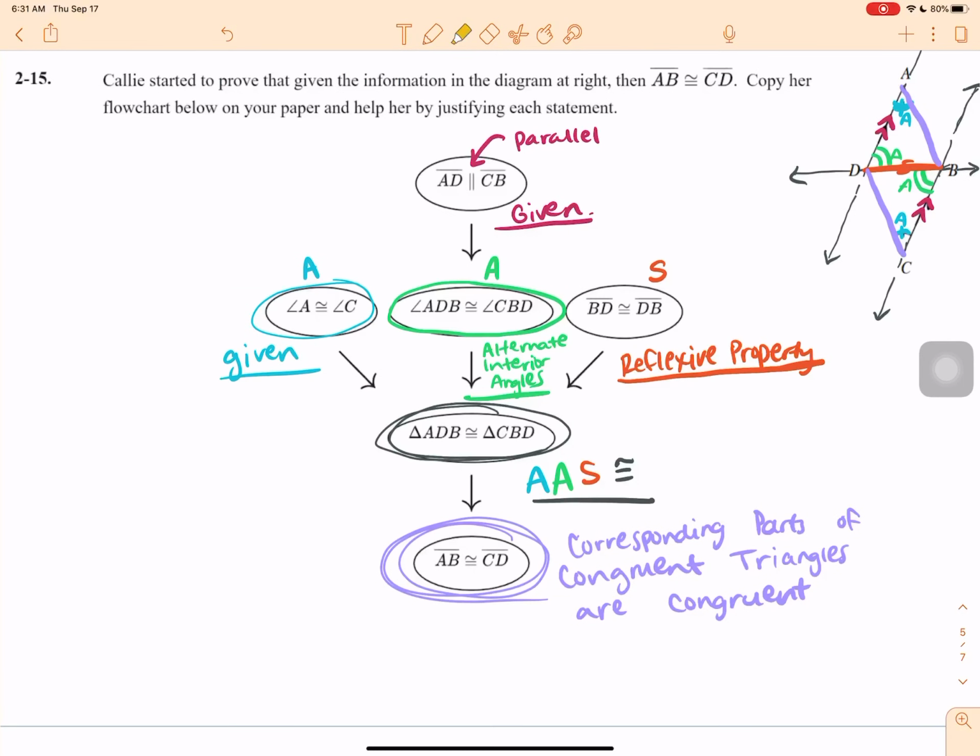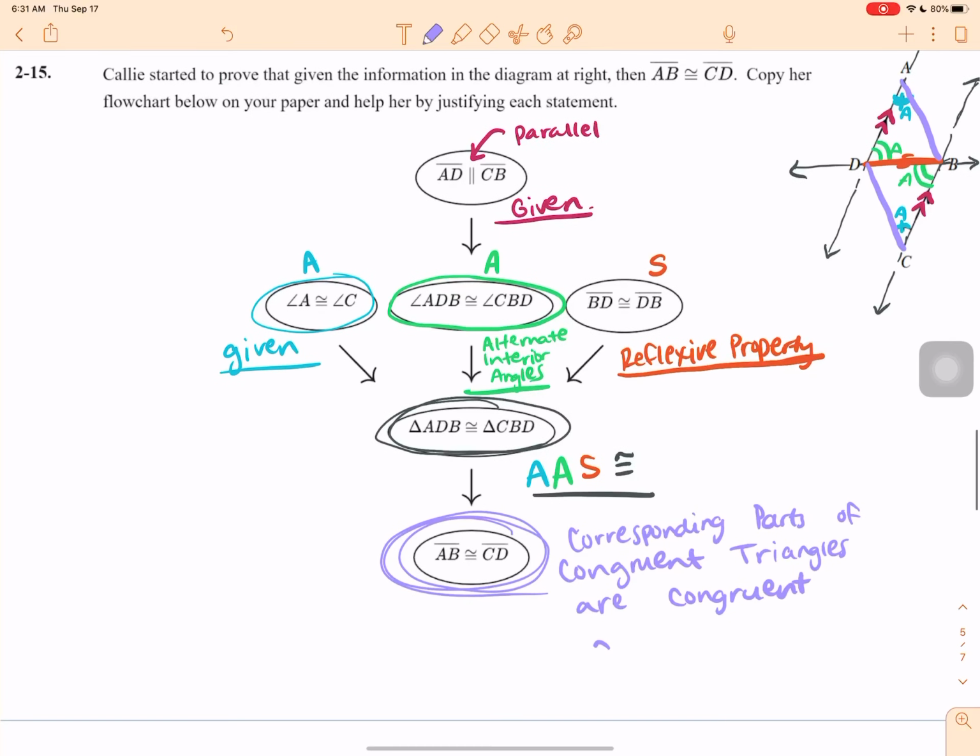This statement, corresponding parts of congruent triangles are congruent, you may also see stated as CPCTC.